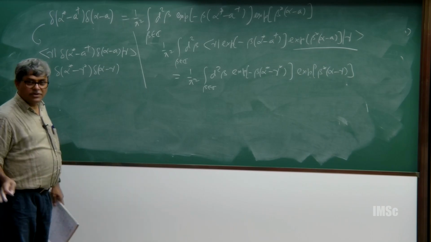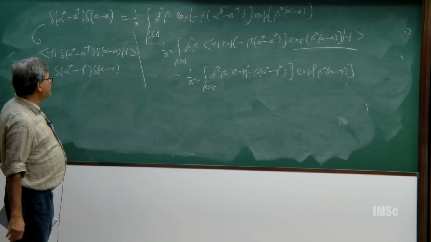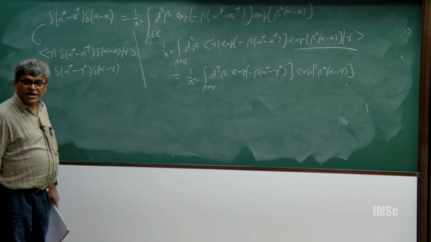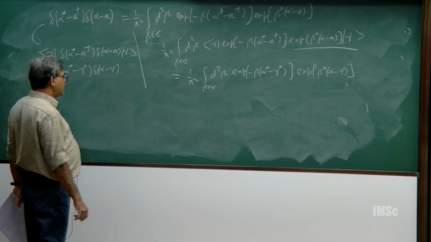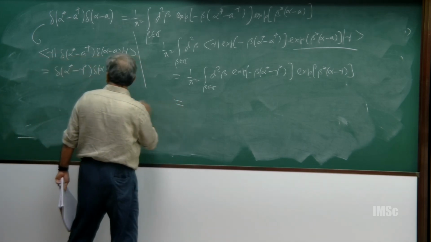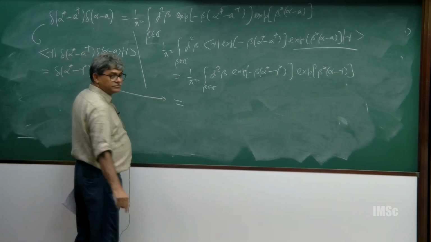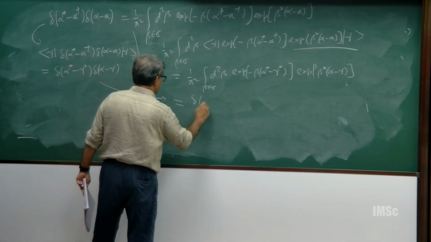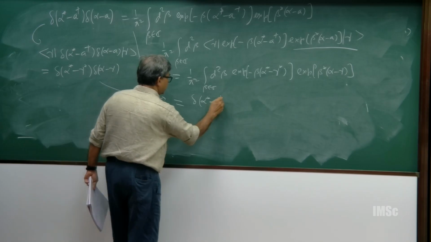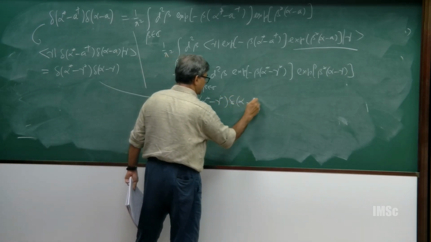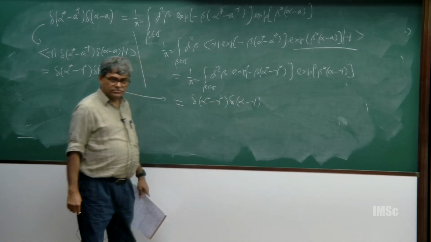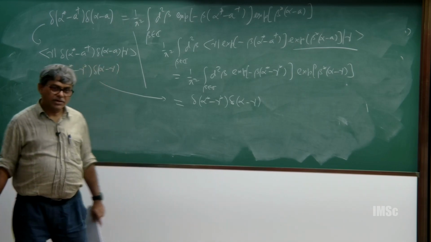And now it is an easy integral, it is not so difficult. You can show that this is actually delta of alpha star minus gamma star, delta of alpha minus gamma. Okay.